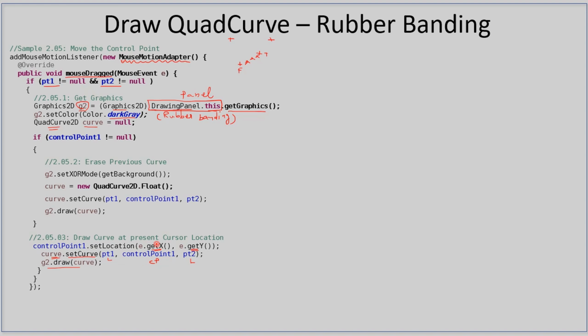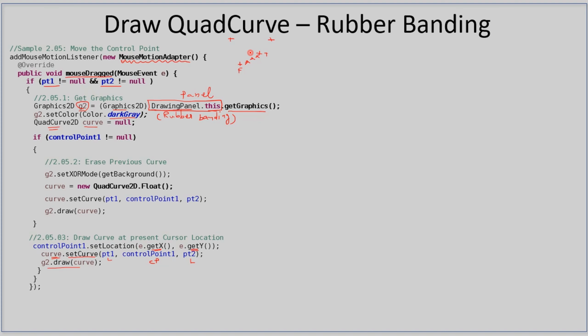So here if you see, we are doing this drawing when we are dragging the mouse cursor. So if we continuously draw, then you will be seeing multiple curves that are drawn every time you drag your mouse, or every time an event is produced for the drag, there will be multiple curves that will get drawn.